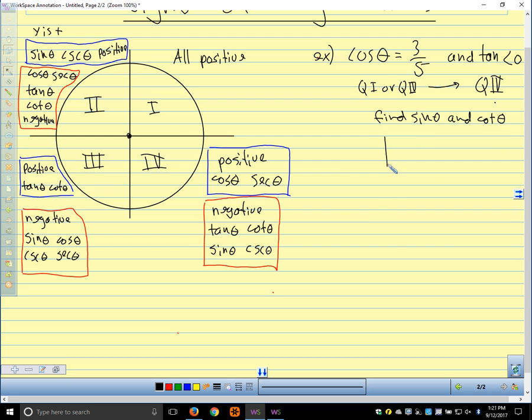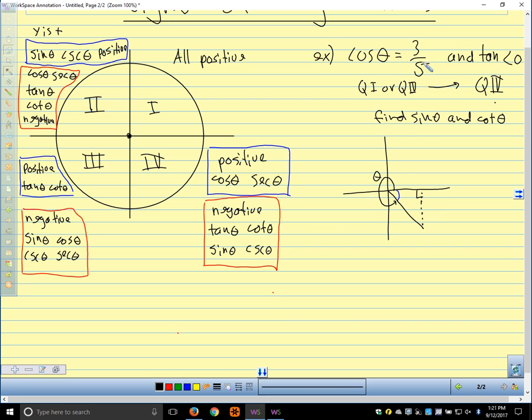So I like to draw a little picture. Here is my triangle, and I'm visualizing working with this angle down here in quadrant 4. The angle that we're actually talking about is the one in standard position. So this is theta, the one that goes all the way around. But we can work with this angle.